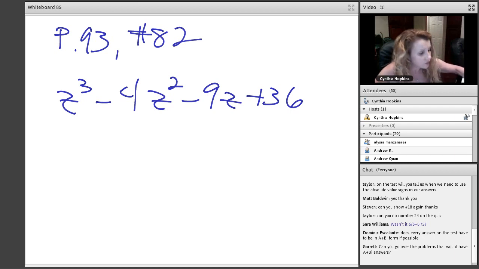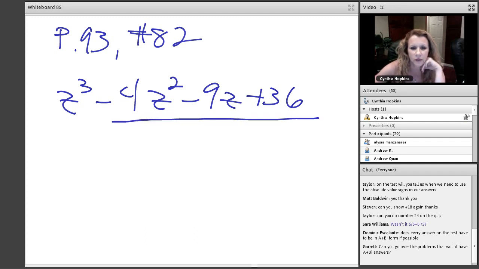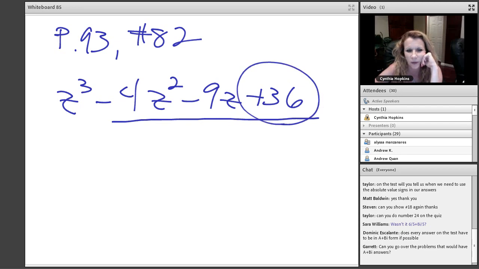Okay, so whenever there are 4 terms, I always tell my students, look for 3 terms that could possibly be a perfect square trinomial. So when I look at these last 3 terms, I know the signs might be a little bit off, but sometimes they just kind of work themselves out. Okay, here my 36, that third term, is a positive perfect square. My 4z squared, there's a minus sign in front of it, so it's not positive.